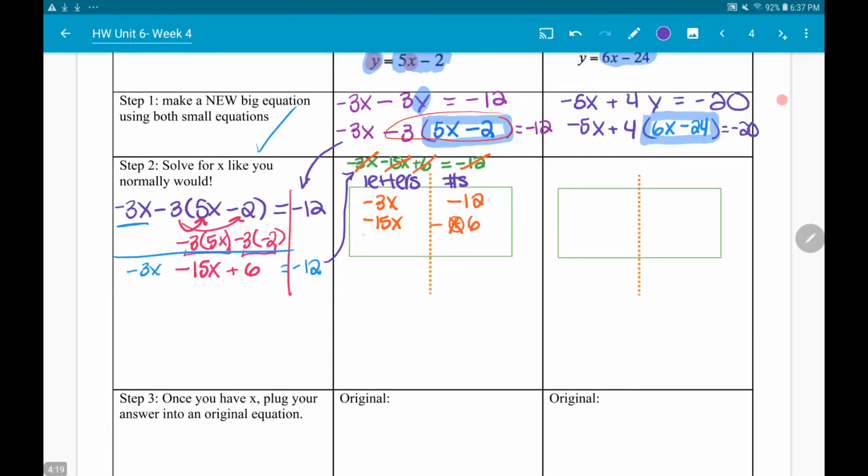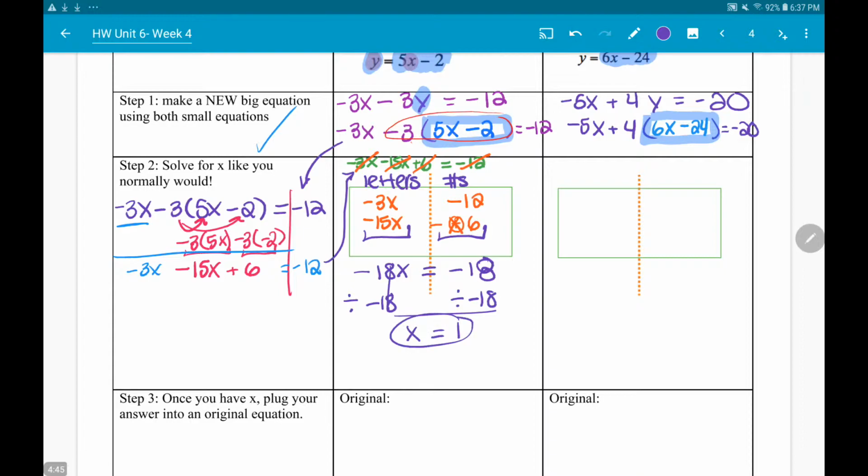All right, after I do that step, I'm going to go ahead and simplify both sides using my calculator. And I get negative 18 on both sides. Coincidence. And last step, we divide. So I get x equals 1.